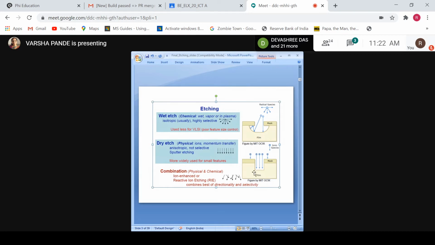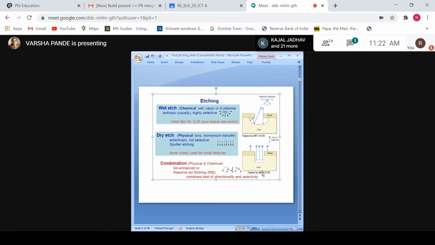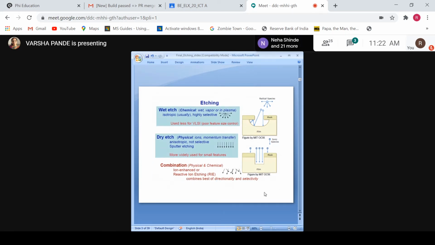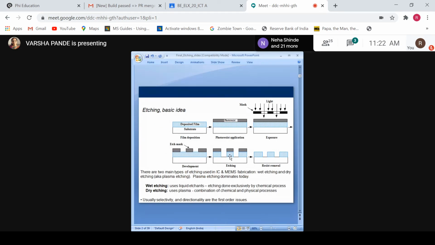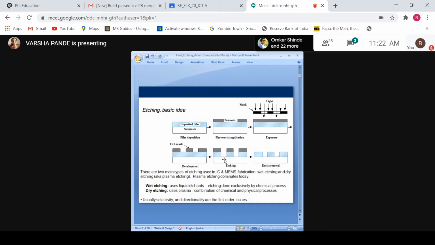There are two layers, silicon dioxide as well as the substrate, like we have seen in the etching diagram. In this diagram, where my arrow is, you can see you want to remove only the silicon dioxide part, and below this the silicon substrate will be there.